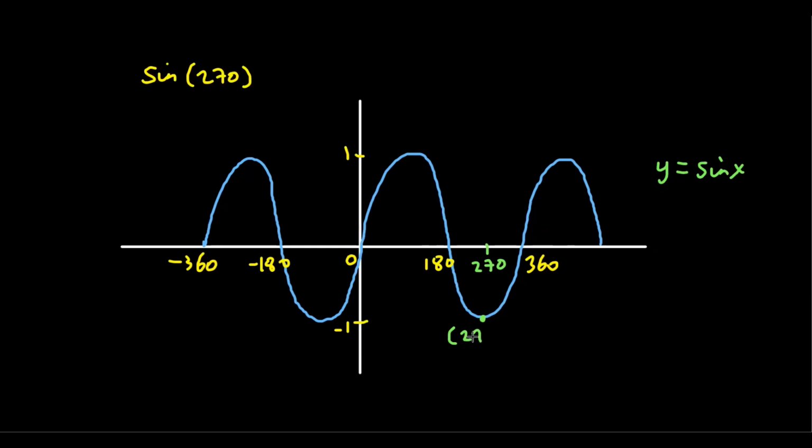So it's just (270, -1), because that would be -1 at this point. So that means that this value over here, the y coordinate, is just f of the x coordinate. And since f of x is sine x for this graph, we get sine 270 equals -1. So we found the value of sine 270.